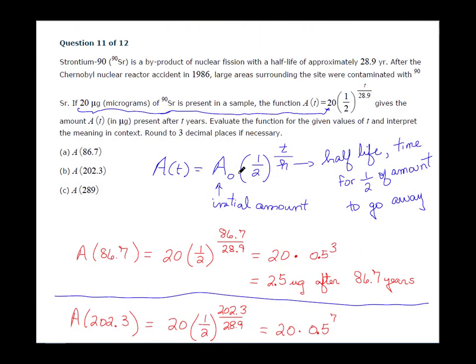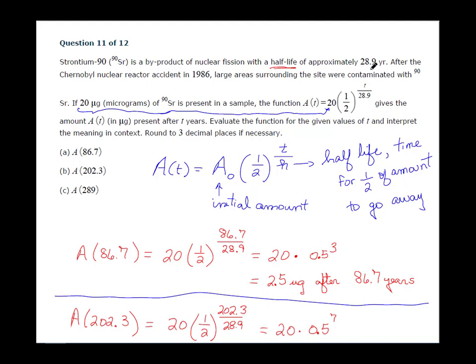All right, in question 12, we have something involving half-life. When you have a chemical element that's radioactive, it has what's called a half-life. That means after a certain period of time, half of the substance goes away. It radiates outward. So in this case, strontium-90 has a half-life of 28.9 years.